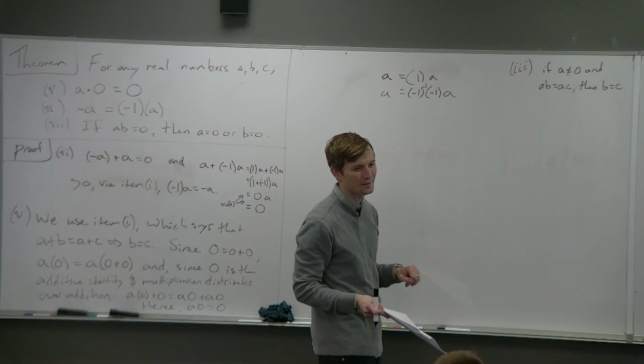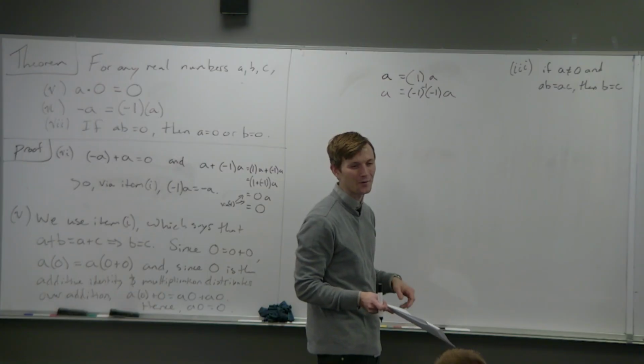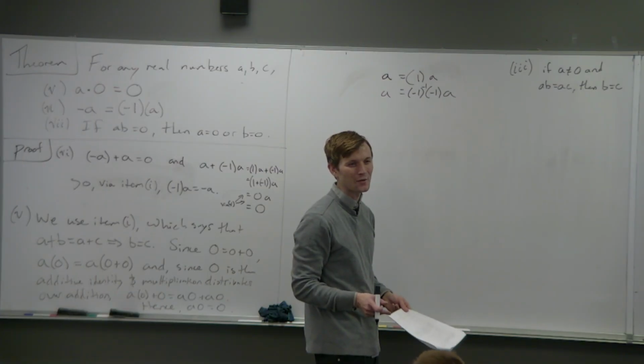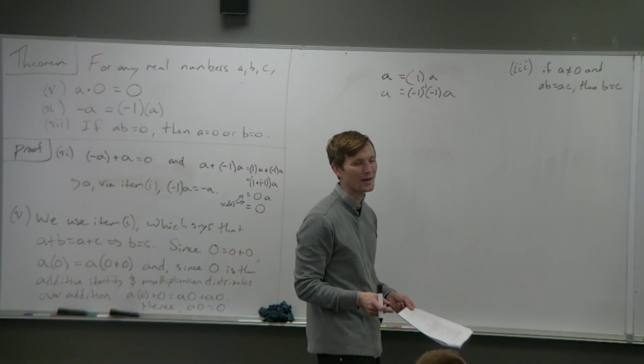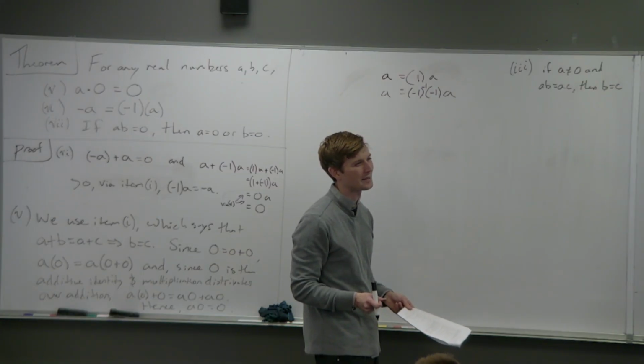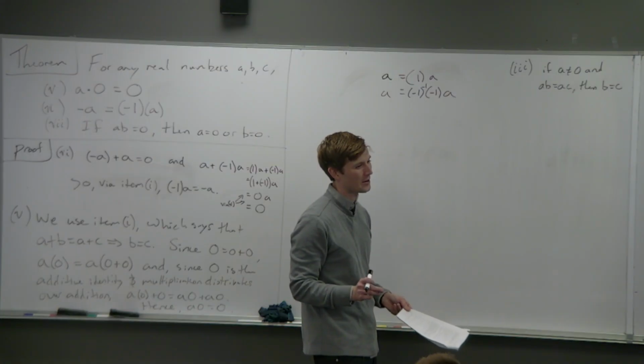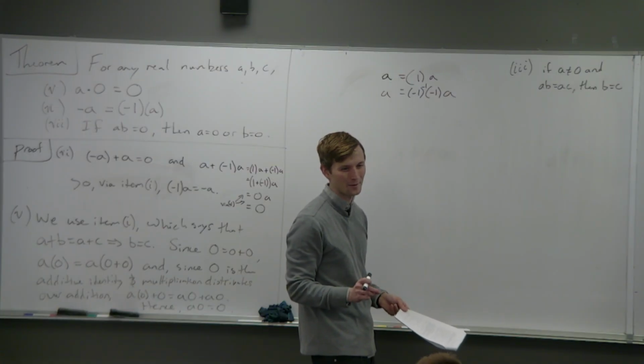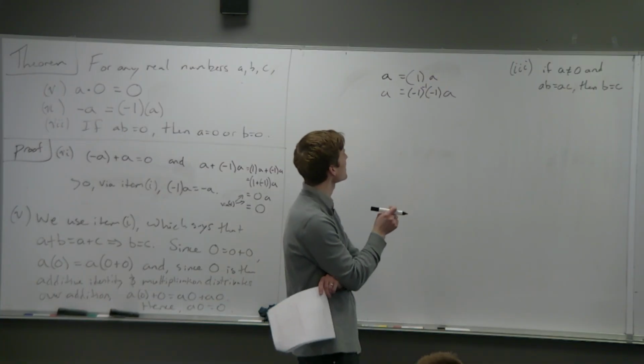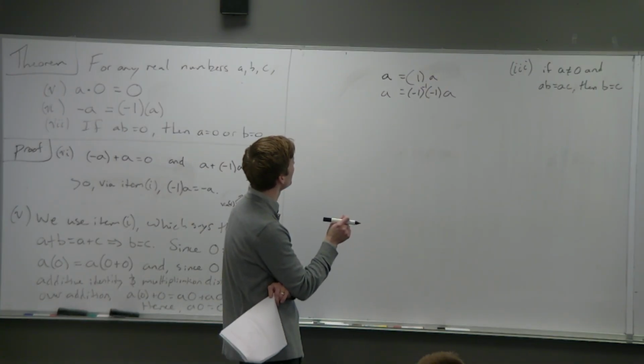There is a proof of this that doesn't use item 5. I am now sure of it. What is the clever idea? Is it that you write -1 as -1 plus... We don't want to write it as -1 plus 0. That'll throw us some problems. Maybe I should have done this with a minus a.